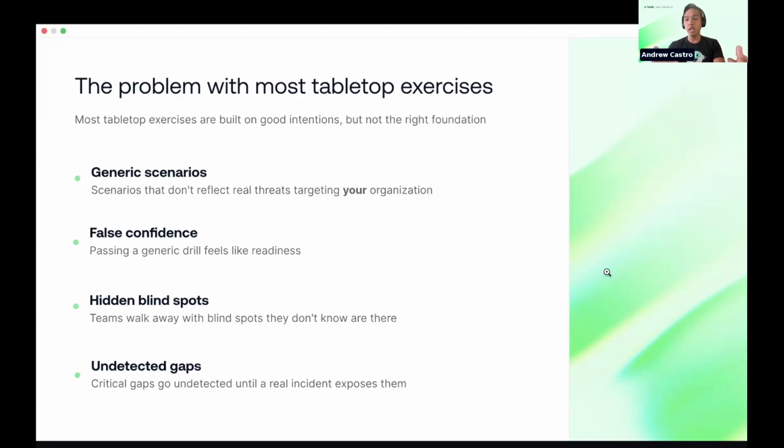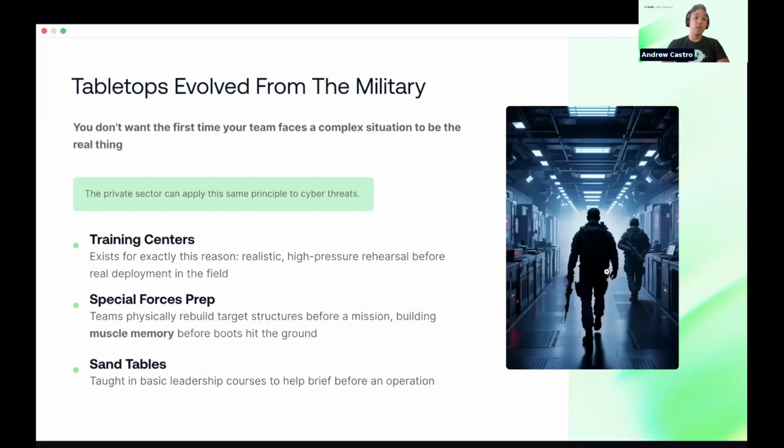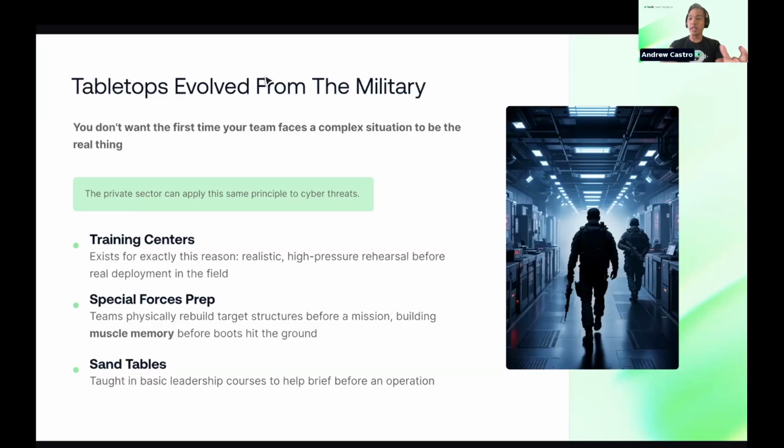So today we're going to talk about how we can develop better ones and make them a little more realistic. Going back, as they joke, as you get older you start getting more sentimental and start looking at history. In preparation for this webinar, I did some research into the evolution of tabletops, and ultimately they evolved from the military.